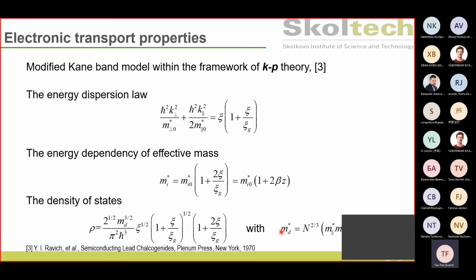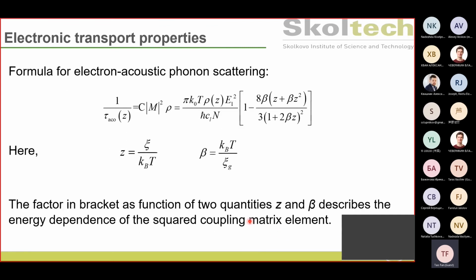By using this kind of band model, we can rewrite the formula proposed by Vadim. So here is the result. The part outside the bracket is the usual formula proposed by Vadim, and the part in the bracket is a non-parabolic correction to the original parabolic model.